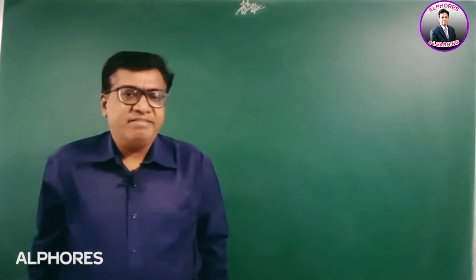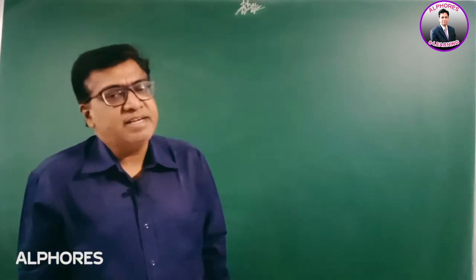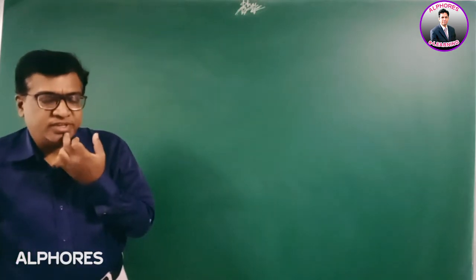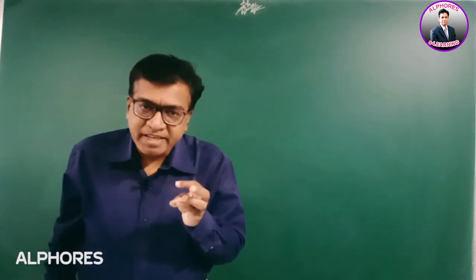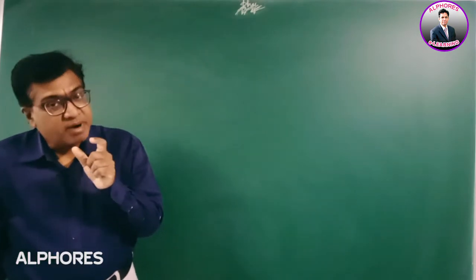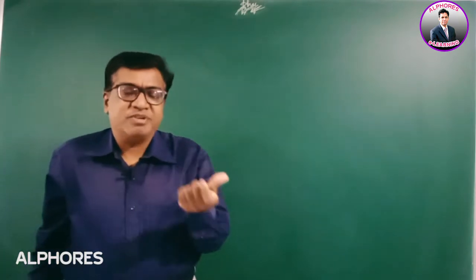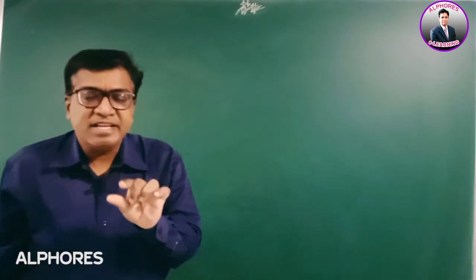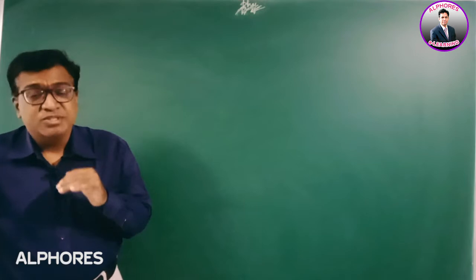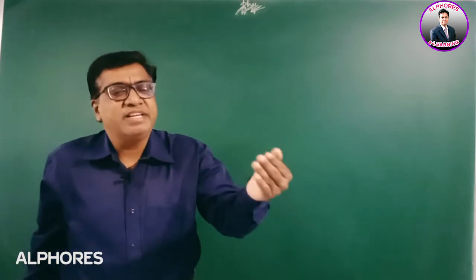Now today we will take up the multiplication of a vector, right? In this one there are four cases: multiplication of a real number to a vector, multiplication of a scalar to a vector, multiplication of a vector to a vector. In this one again there are two cases: to yield a scalar and to yield a vector.